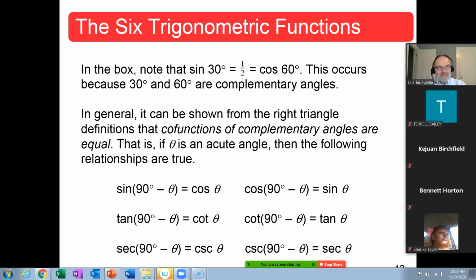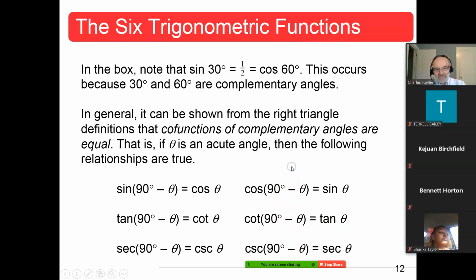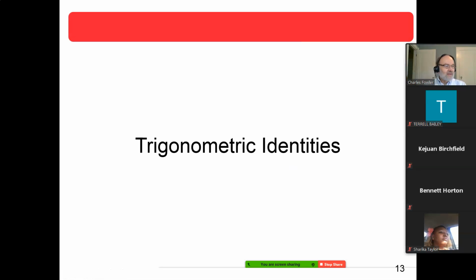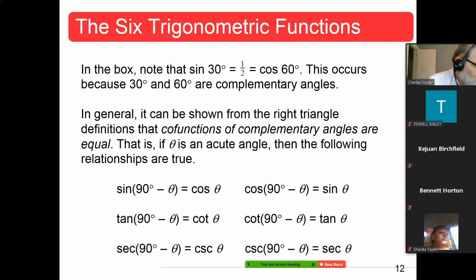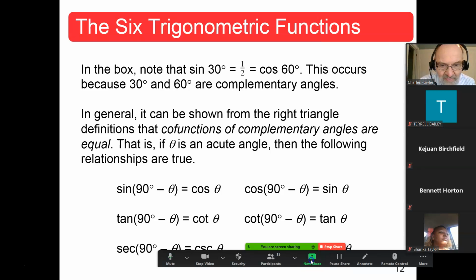Any questions on that? All right, I think the next slide, if I can get it to advance, sometimes it makes me click on the slide. Okay, before we get there, example 4, using a calculator. So let's go back to the whiteboard.